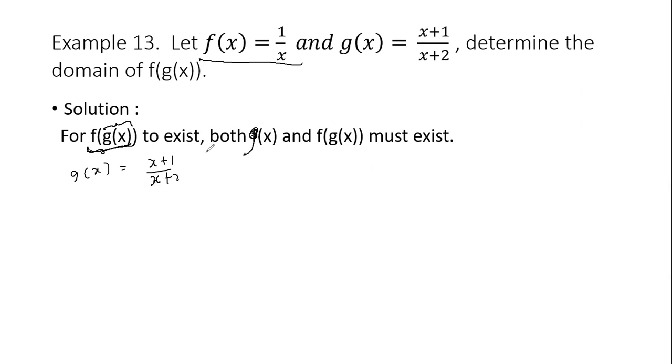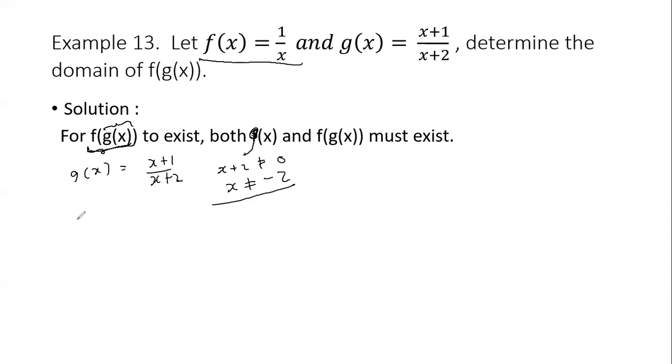In the last lesson, we discussed how to find domains of rational functions. Remember I talked about the restriction. Here, the restriction is the denominator. X plus 2 should not equal 0. Therefore, x should not equal -2. This is one of the conditions. Let's see the other one.